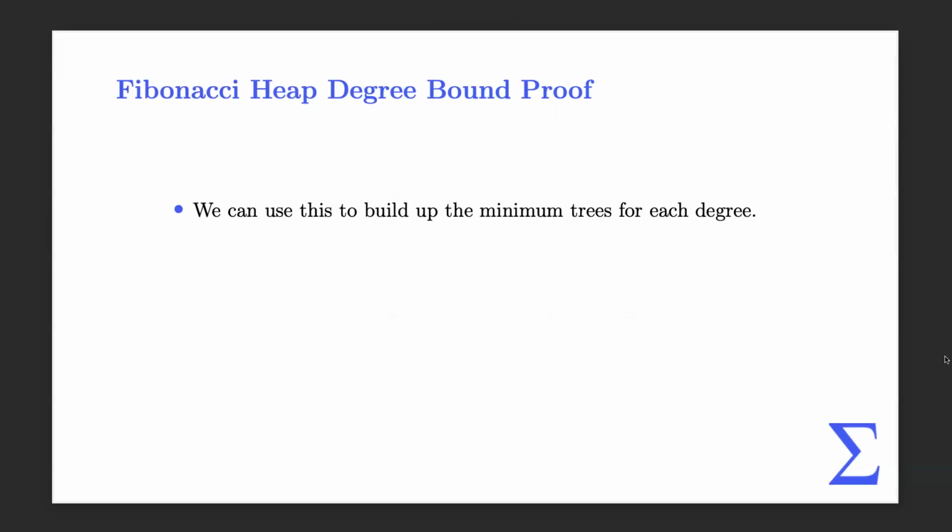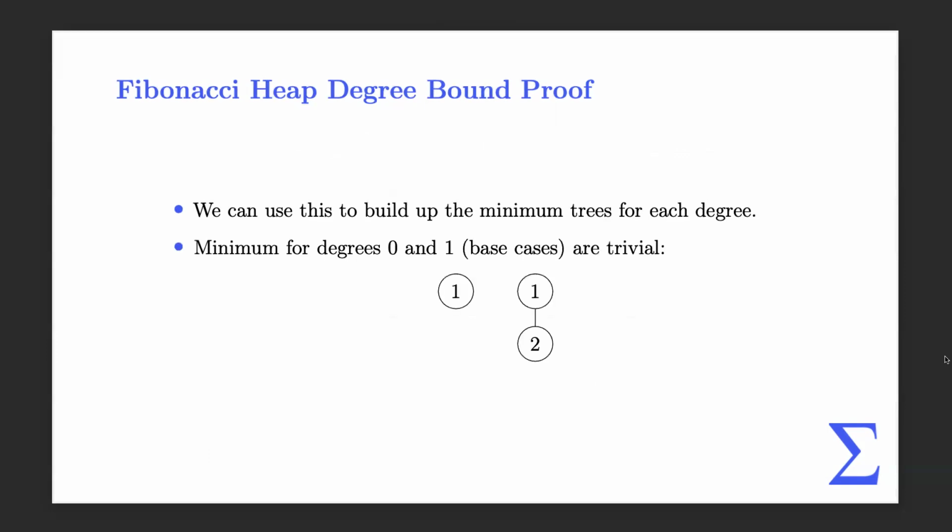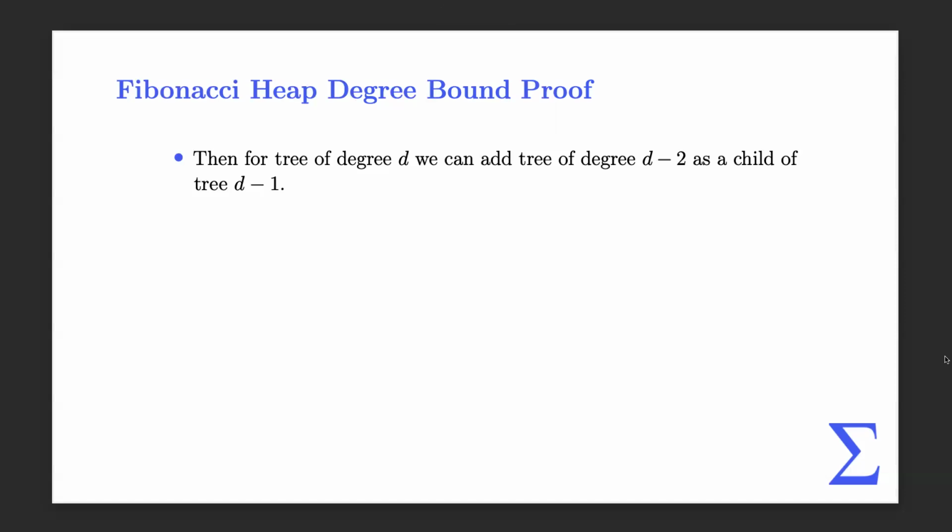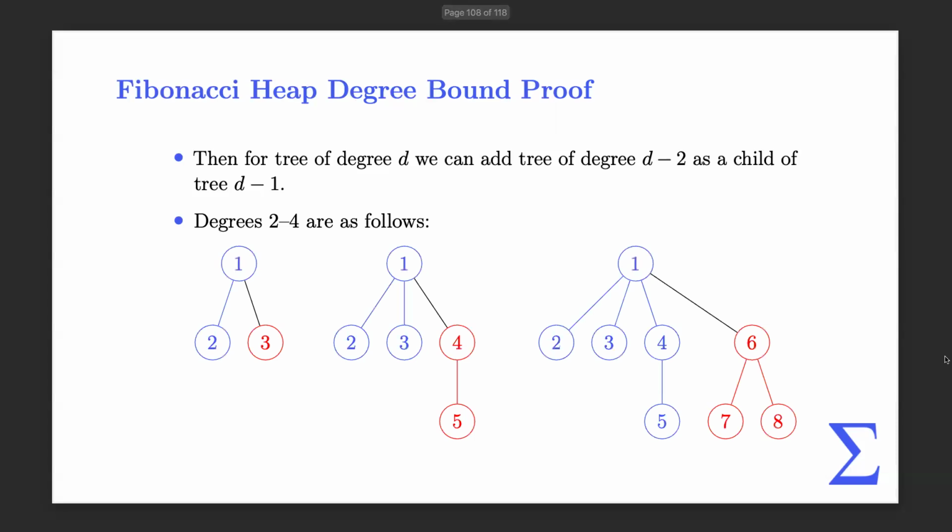Then we can use this observation about the size of trees when they were merged to build up the minimum tree for each degree. These are the minimum trees of degree 0 and degree 1, which is obvious. It's almost meaningless to say that. It makes more sense when you start looking at larger trees. For a tree of degree D, we can add a tree of degree D minus 2 as a child of a tree of degree D minus 1.